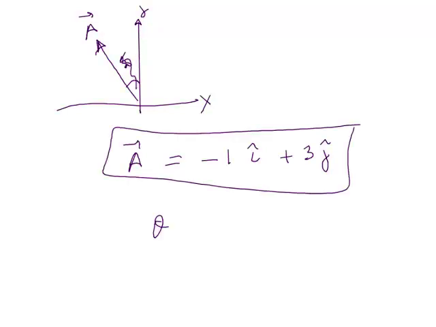And as you calculate the direction of A, you end up doing arctangent of 3 divided by negative 1, right? Can anybody type this in their calculator and give me whatever they give you?